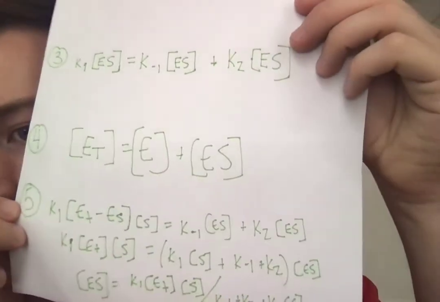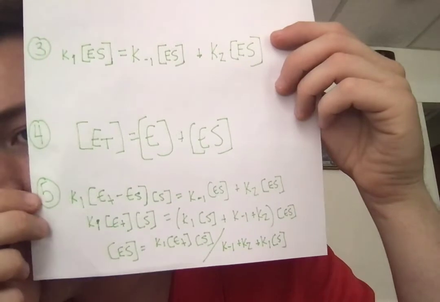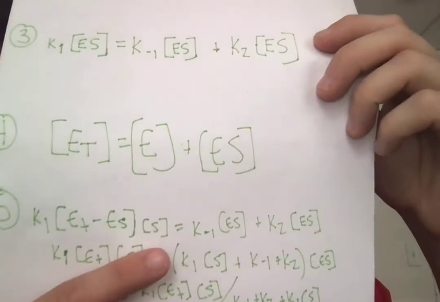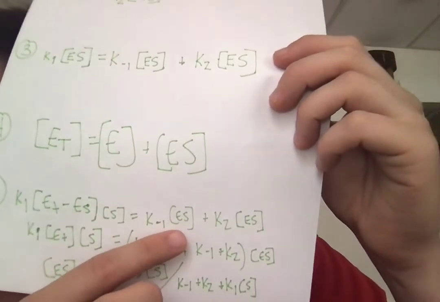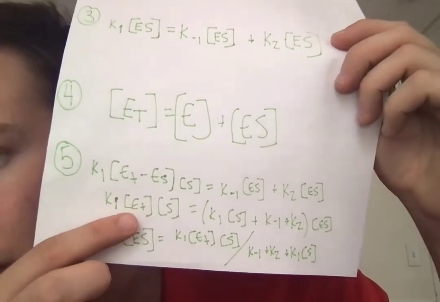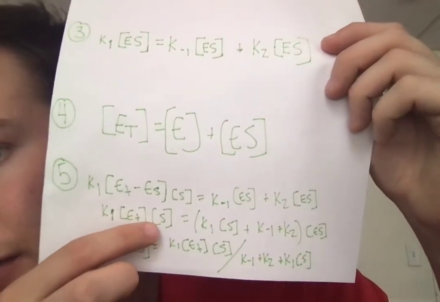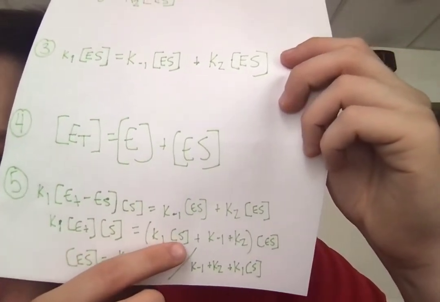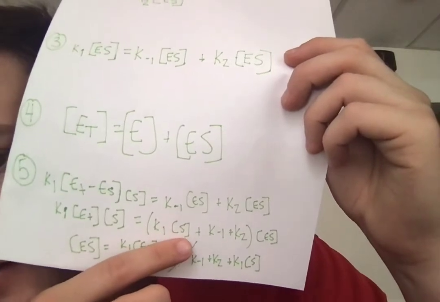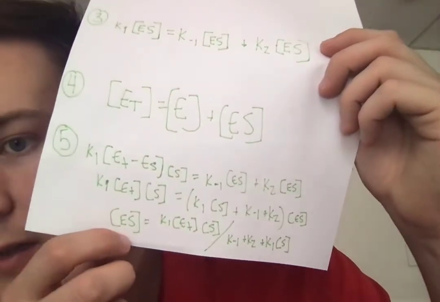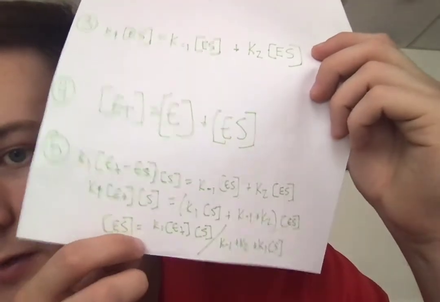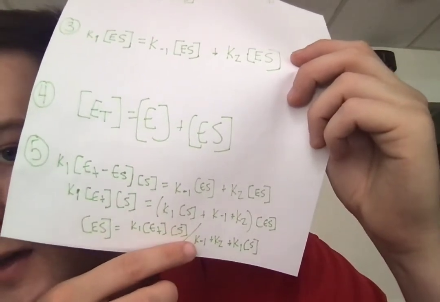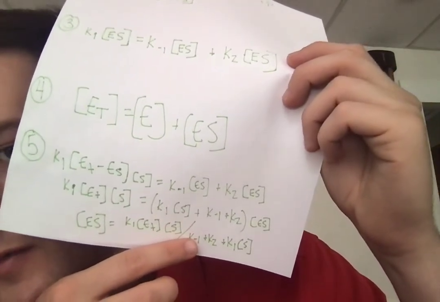So we have K1 times ET minus ES times S equals K negative 1 times ES plus K2 times ES, which then becomes K1 times ET times S equals parentheses K1 times S plus K negative 1 plus K2 parentheses times ES, which then becomes ES equals K1 times ET times S over K negative 1 plus K2 plus K1 times S.